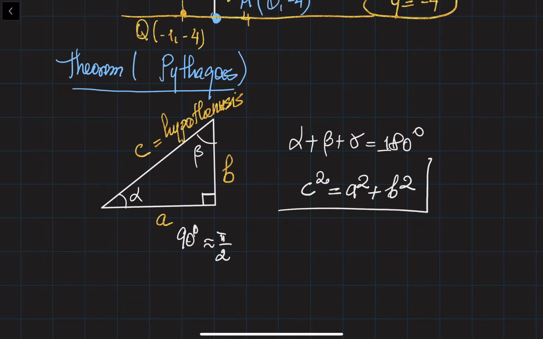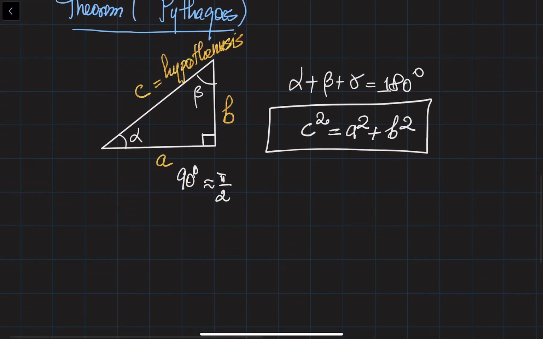So this is essentially the Pythagoras theorem. It works for rectangular triangles, or right angle triangles, since they have a right angle, right?